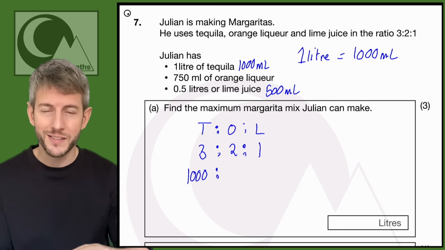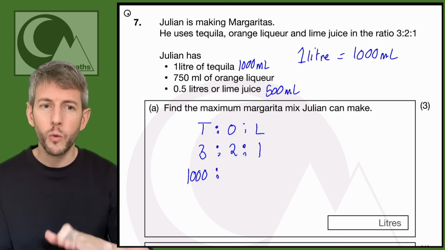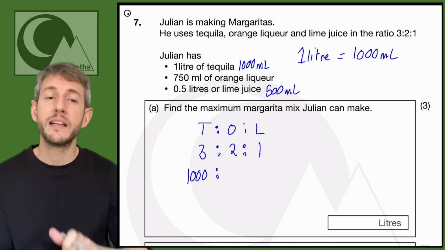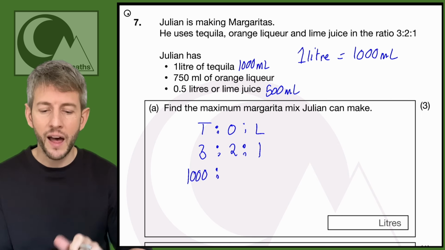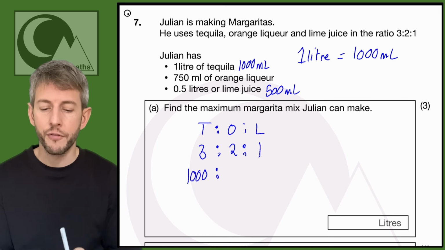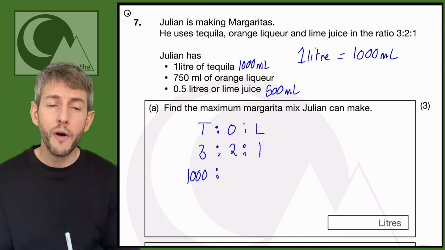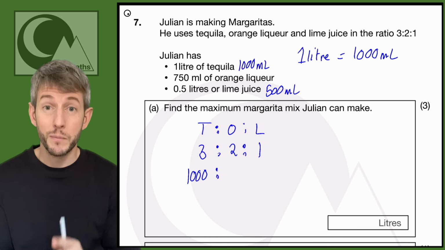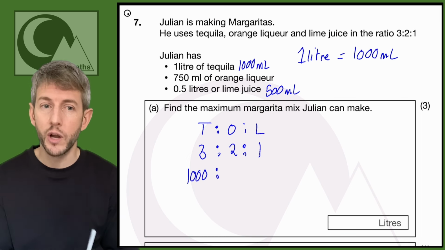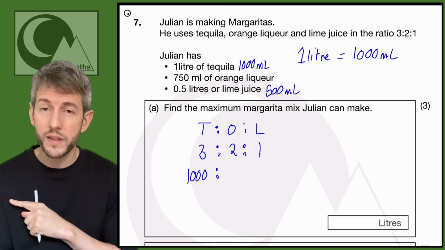If I'm able to use all of my 1000 millilitres of tequila, I need to still have enough orange and enough lime. If I don't, then this will not be the solution.